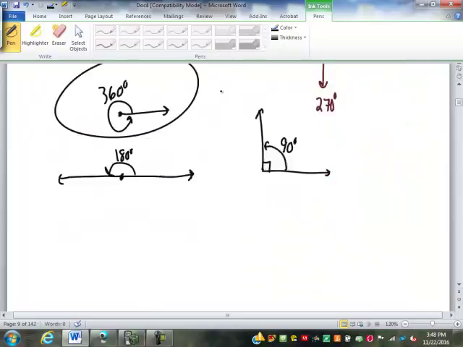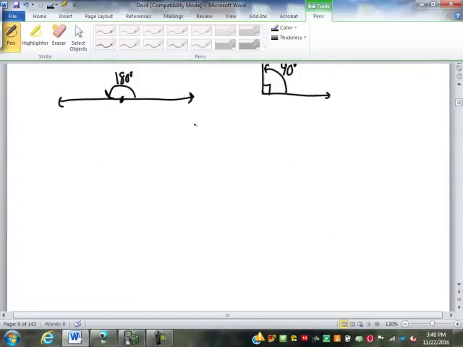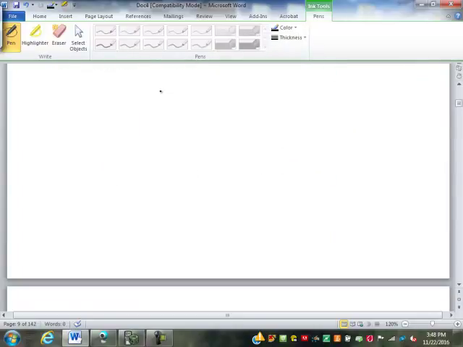So let's look at some definitions here. This one here that is a quarter turn, or what we call 90 degrees, is called a right angle.